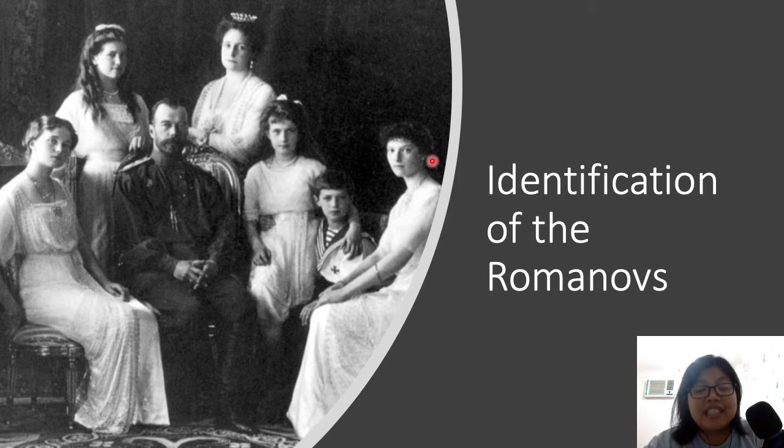When analyzed genetically, the DNA positively identified some members of the family. Five of the 7 members were accounted for, but 2 children were missing, 1 boy and 1 girl. So that's Alexei and one of the daughters of the Tsarina and the Tsar.